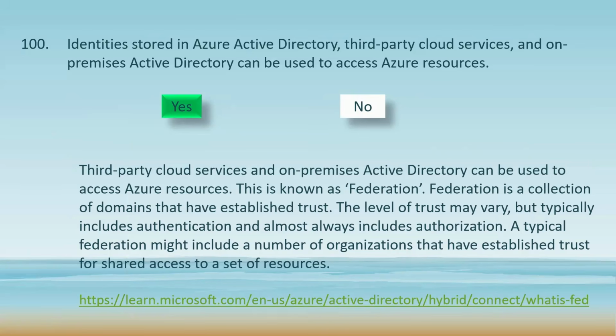The level of trust may vary, but typically includes authentication and almost always includes authorization. A typical federation might include a number of organizations that have established trust for shared access to a set of resources. Now, if you want to understand about federation in Azure Active Directory more and how it is implemented, there is a link on my screen which will be available in the description section of this video to go through.